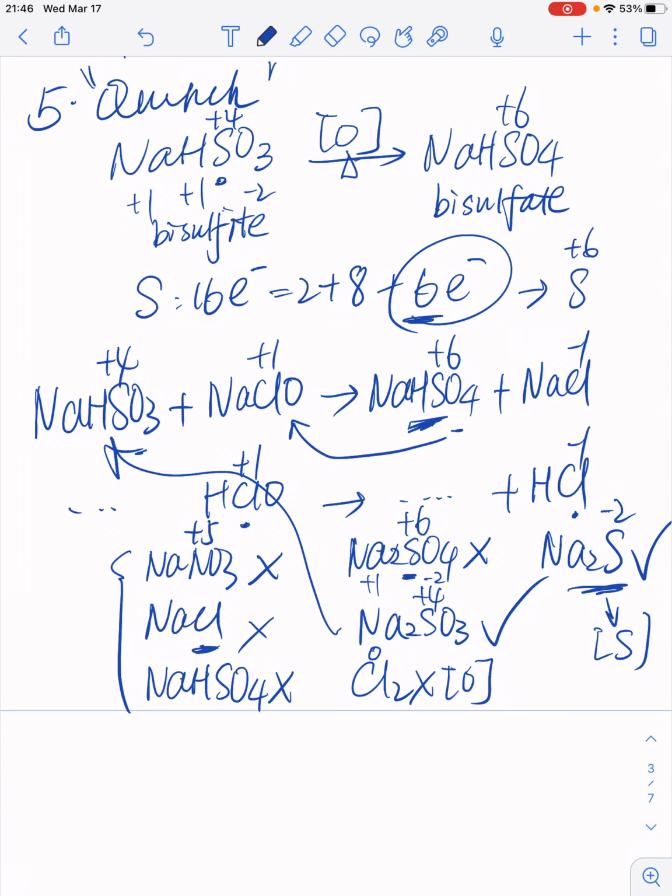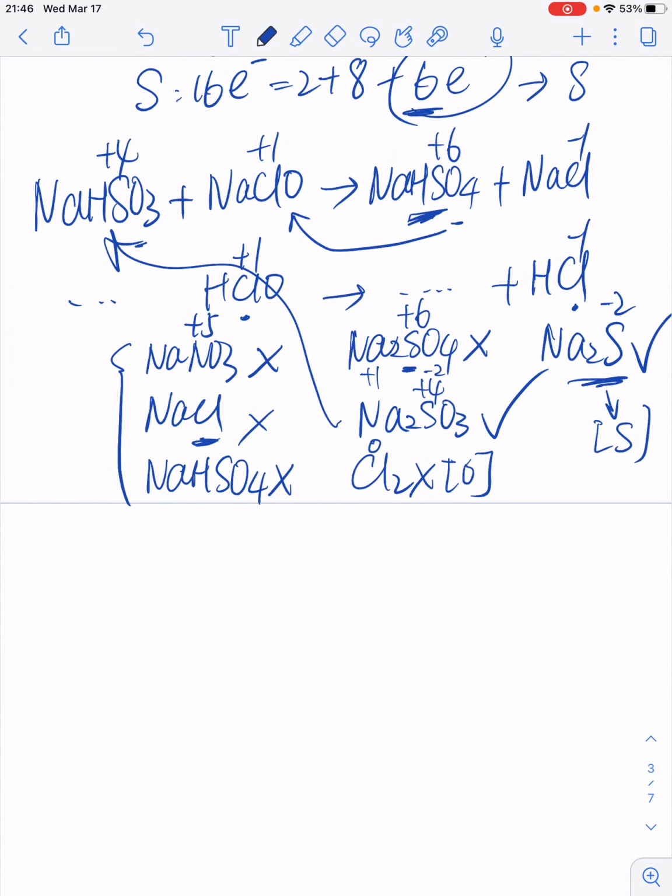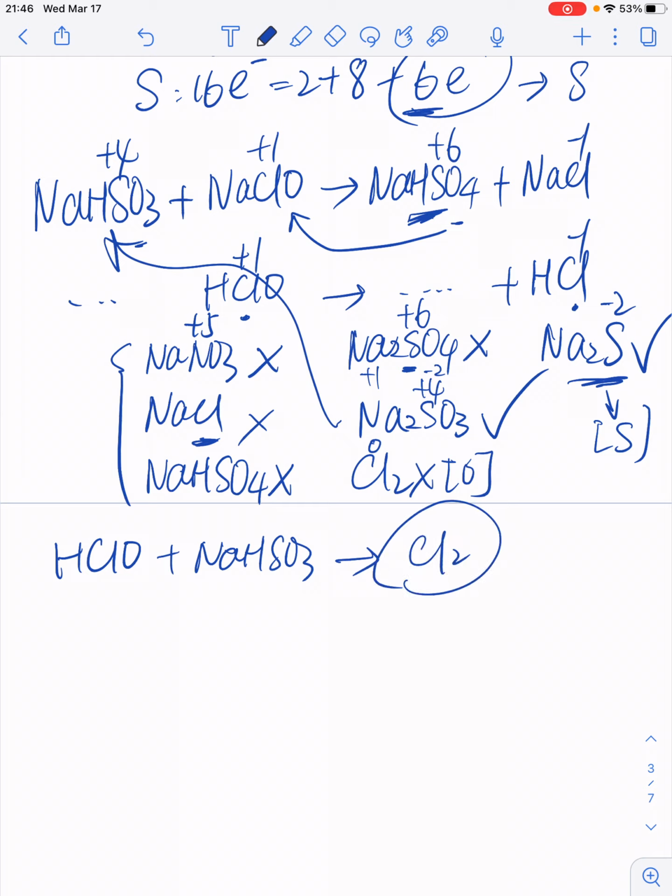Right. I also see some in the post-lab questions where students are writing the equation, they wrote +2 sodium bisulfite, which gives us chlorine. Firstly, the chlorine molecule will react with water pretty readily to give you HCl and hypochlorous acid. Am I balancing it?